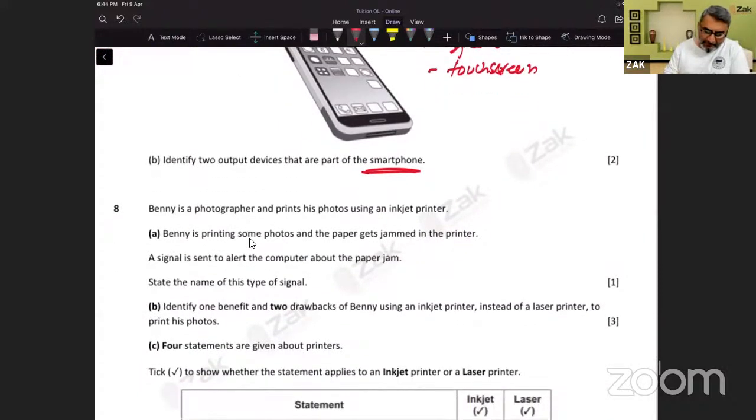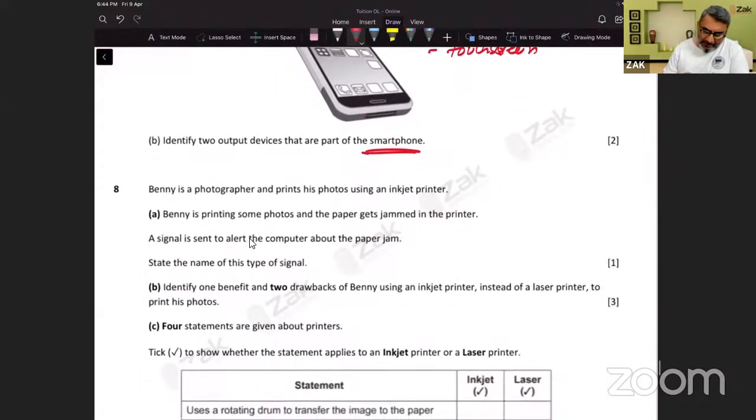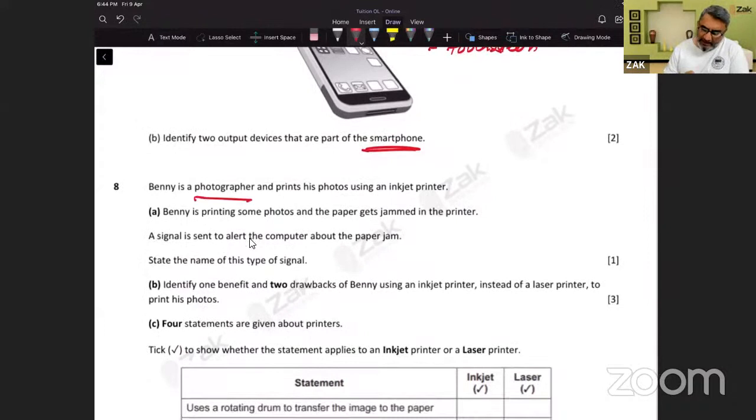Benny is a photographer. Ben is printing some photos and paper gets jammed in the printer. A signal is sent to alert the computer about the paper jam. This is an interrupt. When there is a signal to tell the microprocessor that there is something that needs to be done, it is said to be an interrupt.